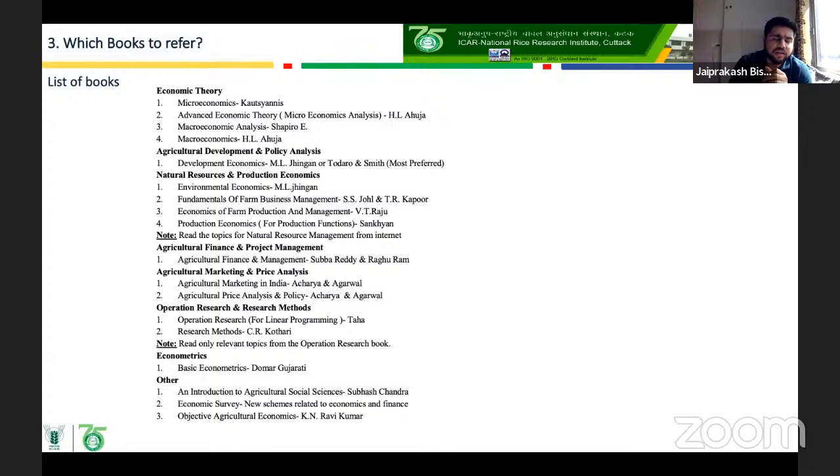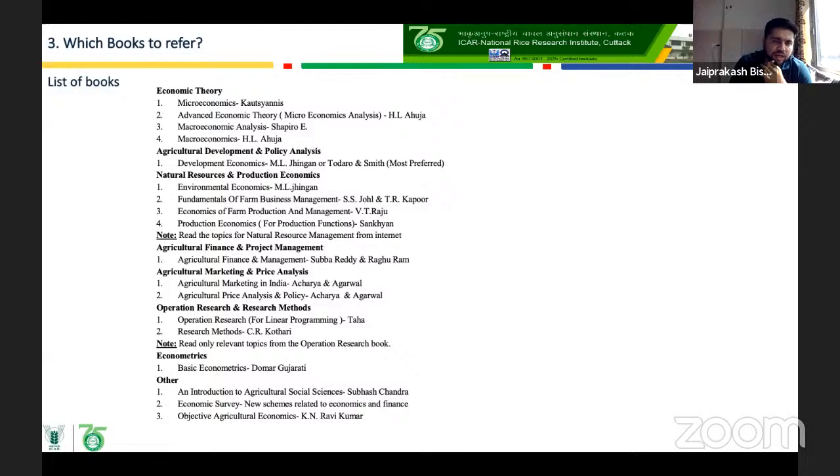Other thing is that there are some questions appearing from the linear programming portion, and many times students are afraid of econometrics and linear programming because it requires a little bit of mathematics, but there is no need to worry.